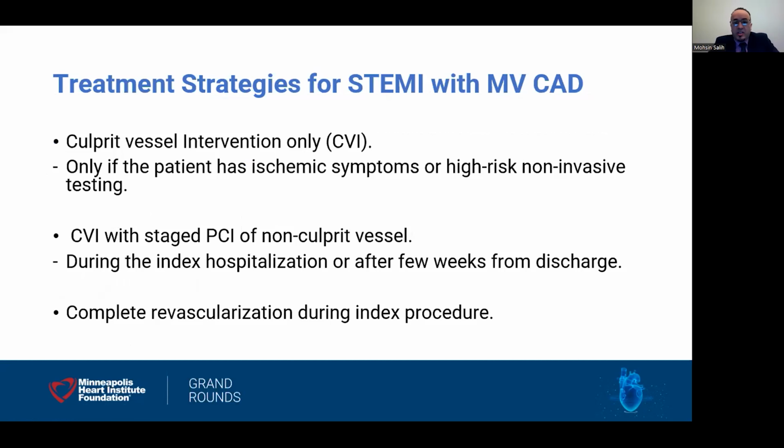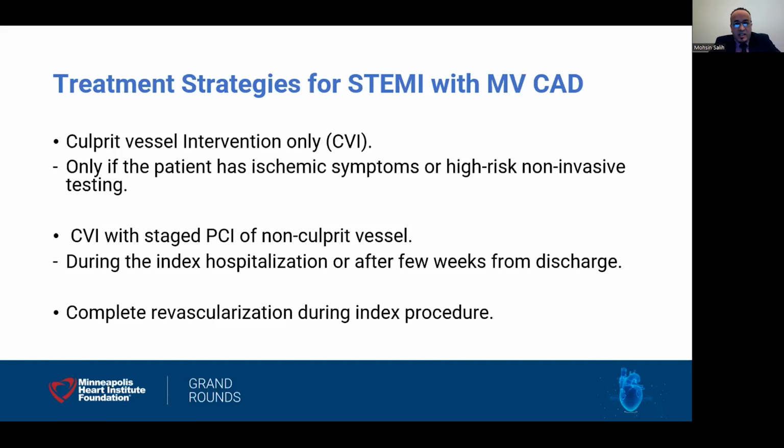What's the strategy that we have to treat patients who present with STEMI and multivessel coronary artery disease? So there are a couple of strategies, but three main or broad strategies. First, we just treat the culprit vessel: we intervene on that culprit and we're done.